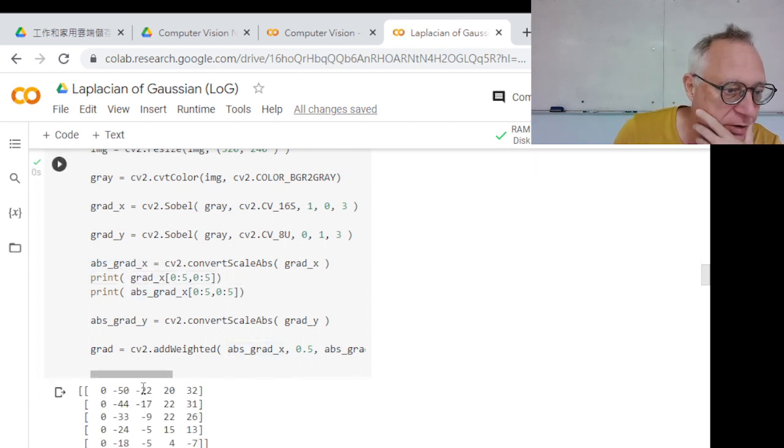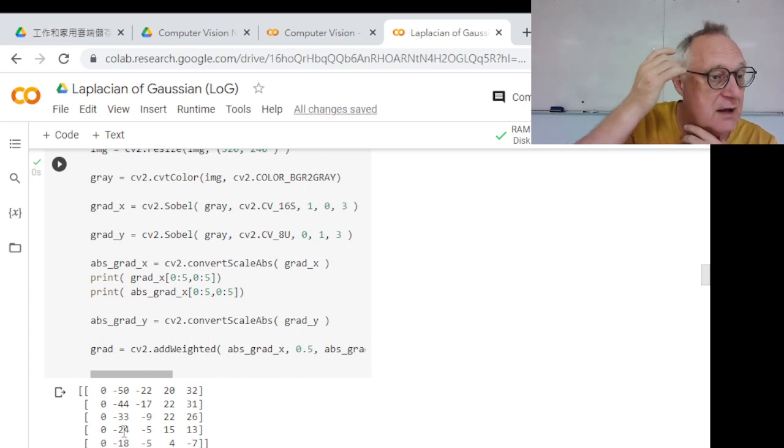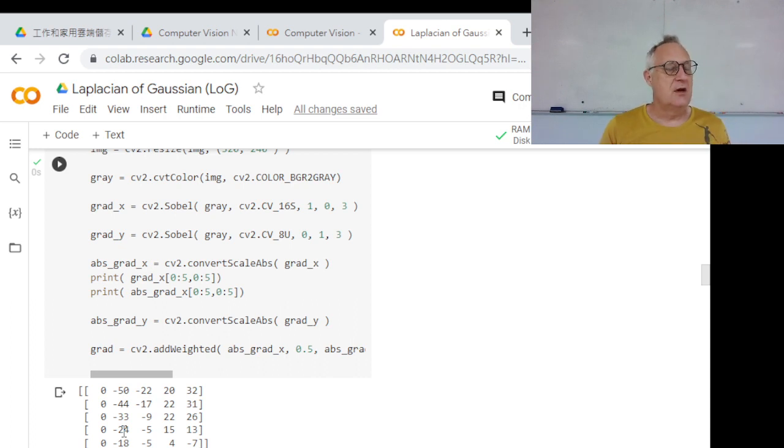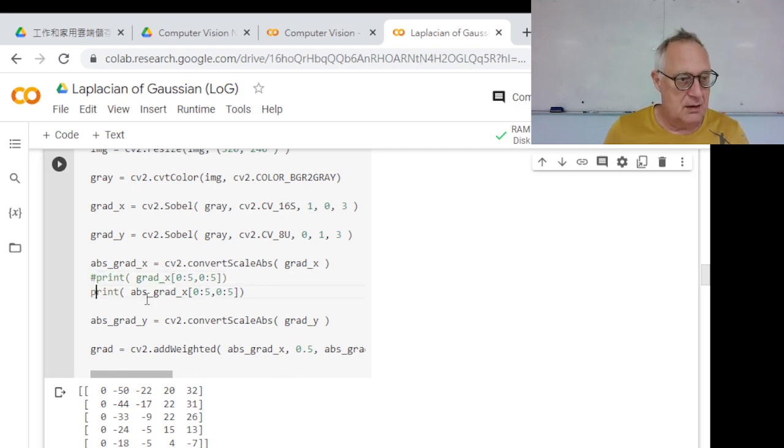We take anything from -50 and then scale it into the range by using the absolute value. So all the negatives are wrapped around. Because the Sobel edge detector, if it's from black to white, then it will be a very large positive response. If it's from white to black, it will be a very large negative response. So that's why we would like to just map it to the absolute value.